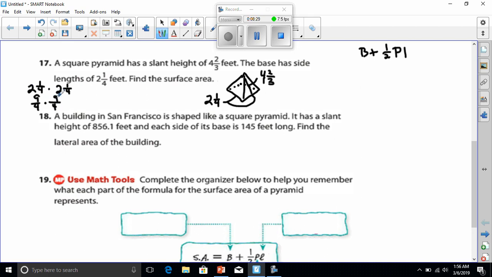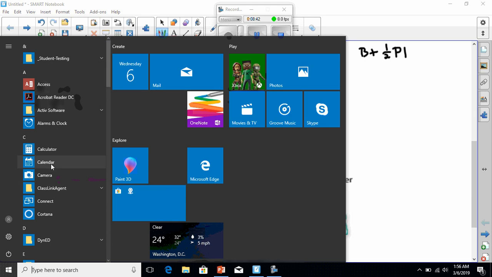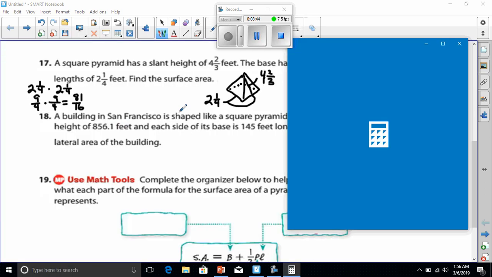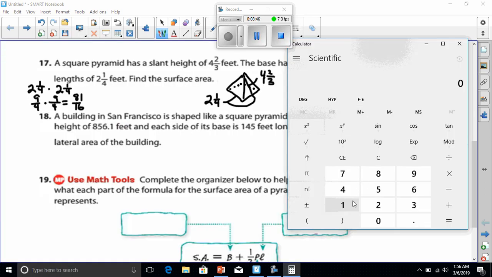And 9 times 9 is 81. 4 times 4 is 16. And 81 divided by 16, let's get our calculator out. 81 divided by 16 is going to give us 5.0625.